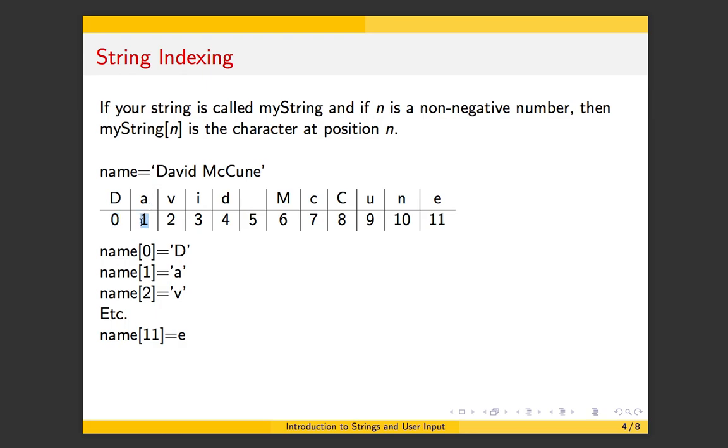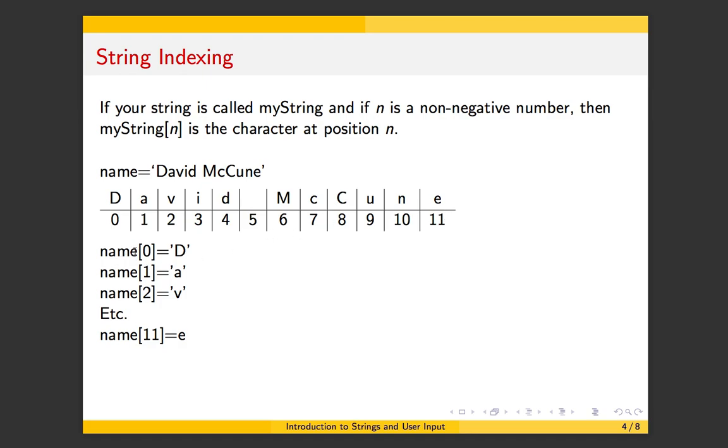So position 1 is actually the second character, which is A, etc. Okay, so there are 12 characters in the string. There are 11 letters plus a space. But anyway, so there are 12 characters, and the positions run from 0 to 11 for a total of 12. Okay. But notice, right, the positions don't run from 1 to 12 as you might want them to.